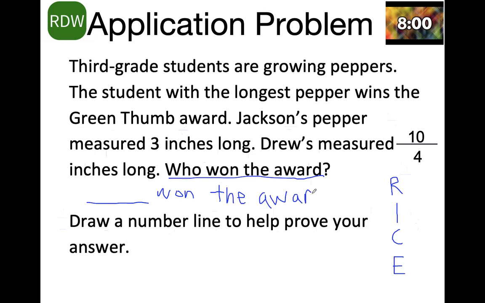Now I'm using my computer to do this, so you can see it takes me a little bit longer to write that out. So you might say blank won the award. We're going to use that as a way to then answer the rest of our problem.